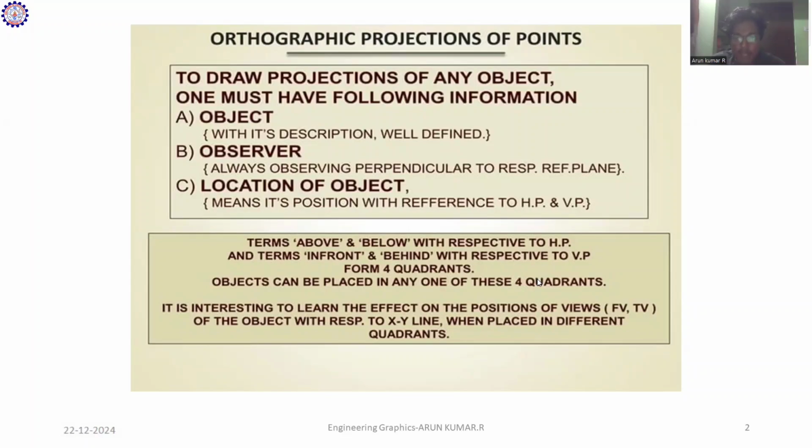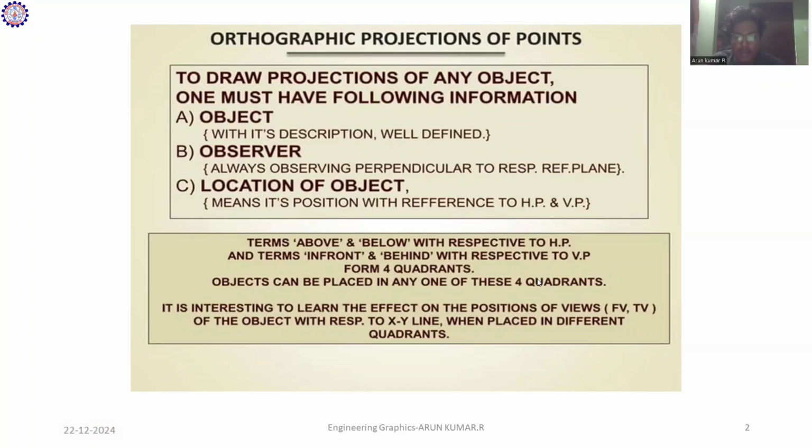What is the meaning of plane? They are called the vertical and horizontal plane. Very simply, we call them VP and HP. The location of the object means its position with reference to the HP and VP planes. The terms we use in projection of points are above and below with respect to HP, and in front and behind with respect to VP.